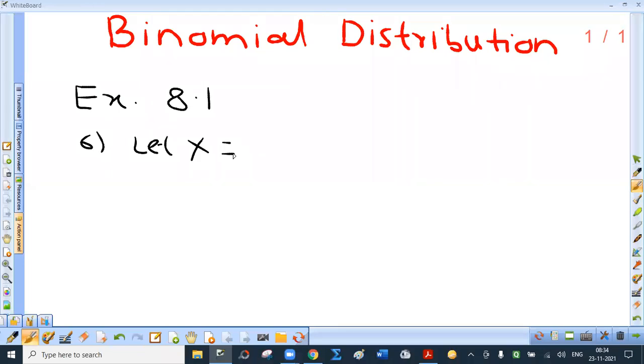Therefore, P equal to small p, the probability of drawing a ball from 10 balls marked with digit 0, equal to 1 upon 10.